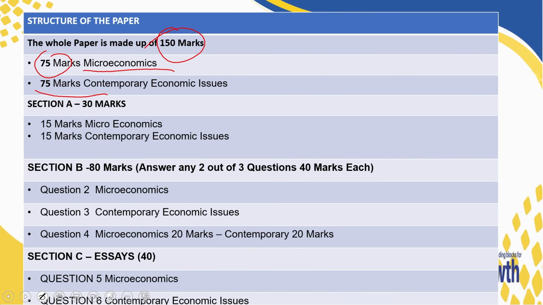Now, this means that you cannot choose one side and say, microeconomics is too difficult for me, I'm only going to do contemporary economic issues. You are saying 75 marks, I don't need them. You have to do both sides. Now, with section A, there are 30 marks. Those 30 marks are divided into 2.